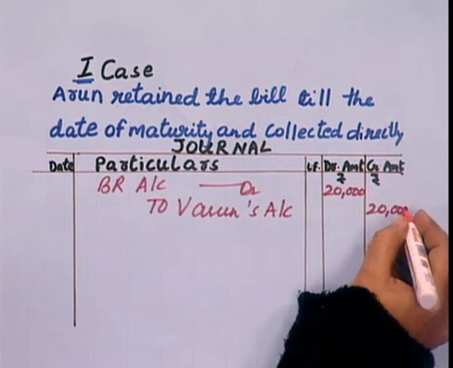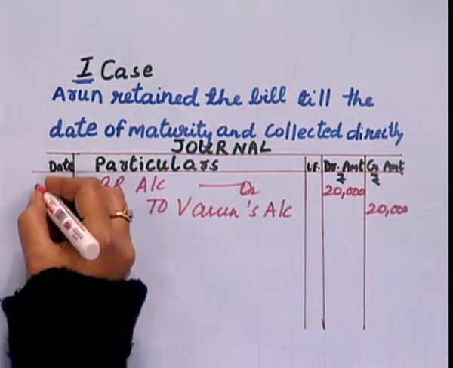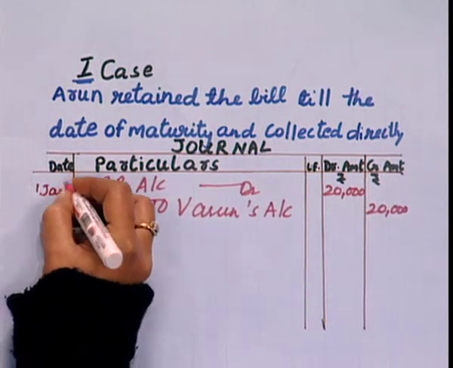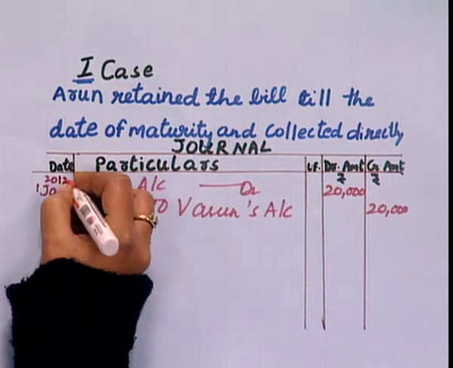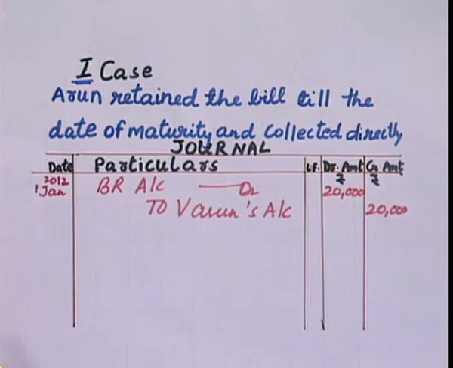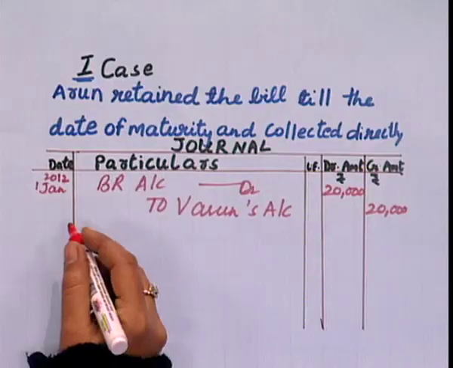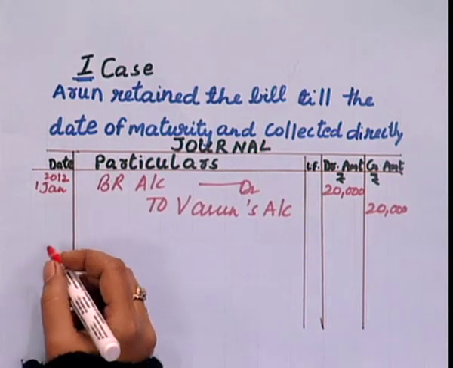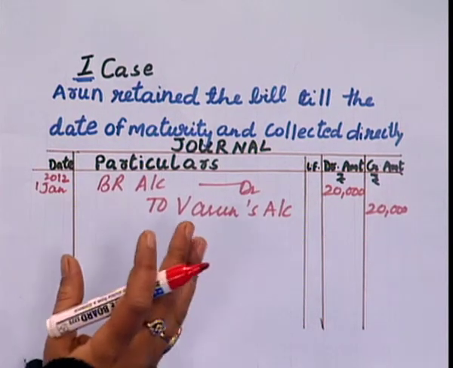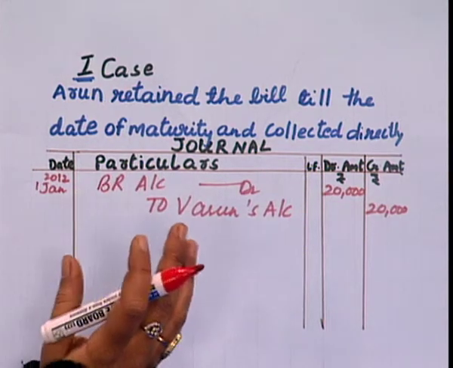The bill has been drawn on 1st January the year 2012. Narration will be being bill received. Now, the first option with us is that Arun retains the bill till the date of maturity and collects directly. So, the due date, if you remember, I told you whatever is the due date, we add 3 grace days in that. So, our due date turns out to be 4th April.